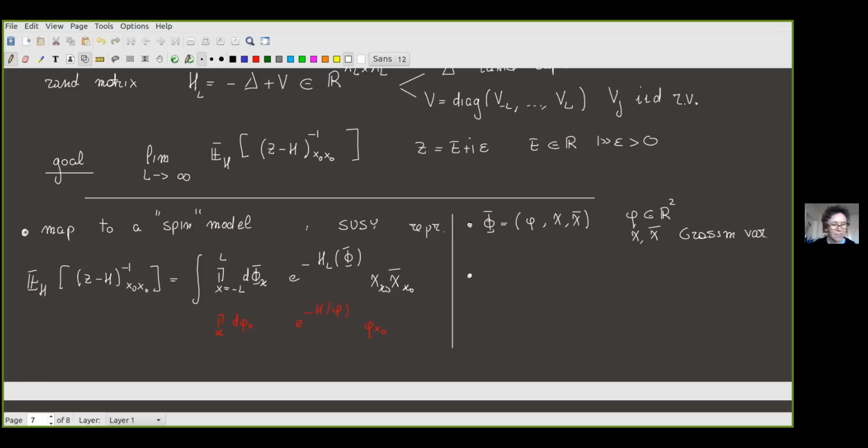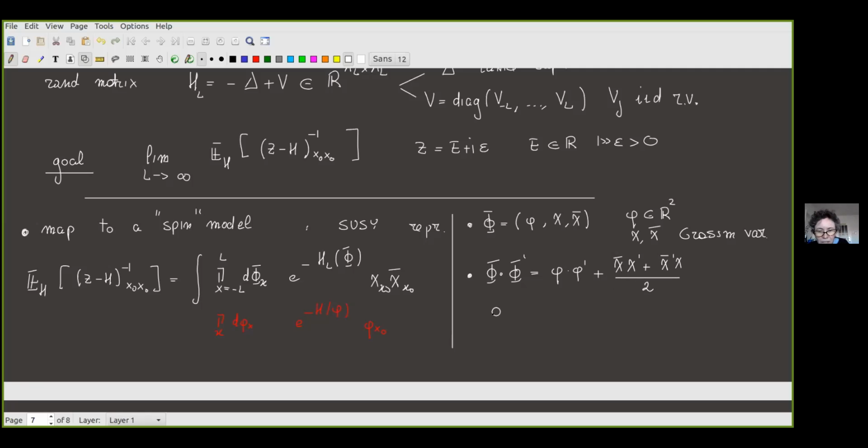Okay, so this is a vector, so we need to define a scalar product, phi with phi prime. This is defined the following way. This is the usual Euclidean scalar product between two vectors, and then for the Grassmann variables, we take chi bar chi prime plus chi bar prime chi, everything divided by 2.